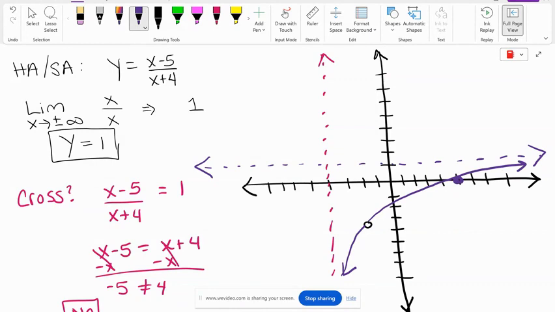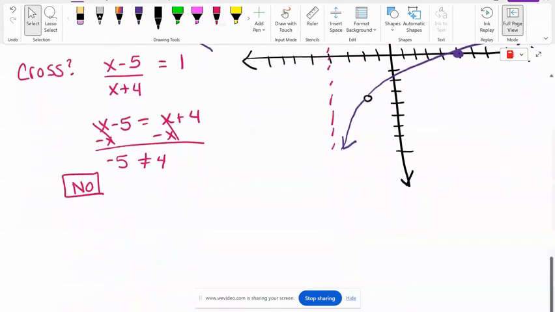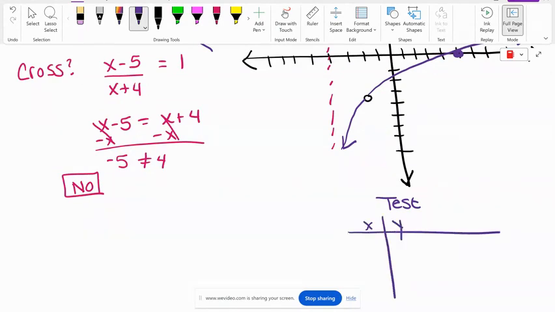I don't know what's going on to the left of the vertical asymptote, so what am I going to recommend we do? Test. Very good. So we use our simplified version, x minus 5 over x plus 4. What x value should I test?